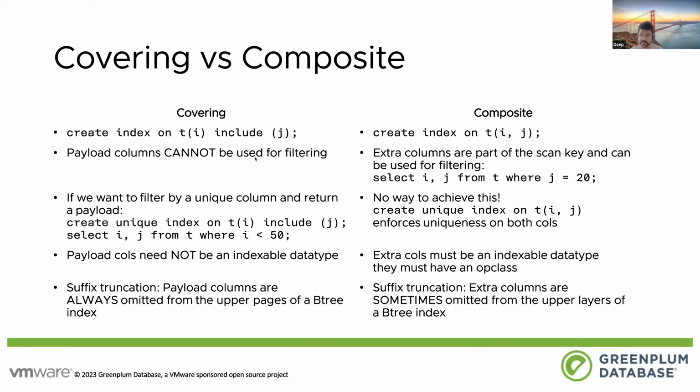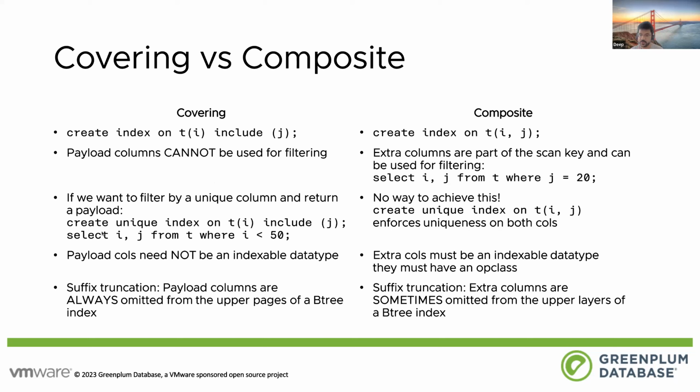Now, there are certain things that are achievable only with a covering index. Like you have a unique index on, let's say, i, and you always have a query where you're selecting data on the basis of i, but you're also wanting to project j from the table.